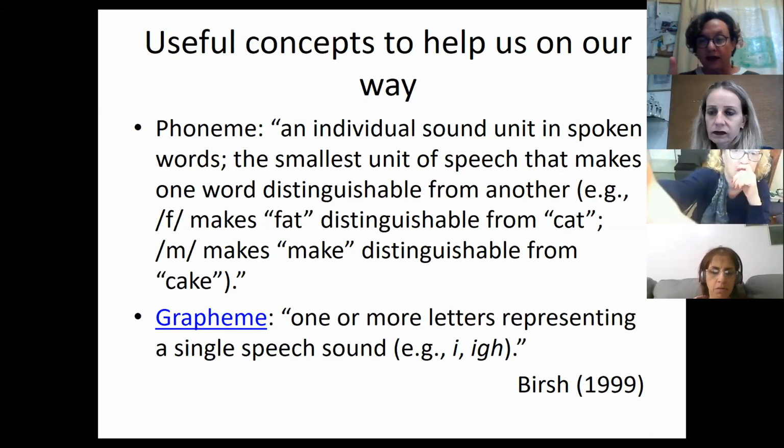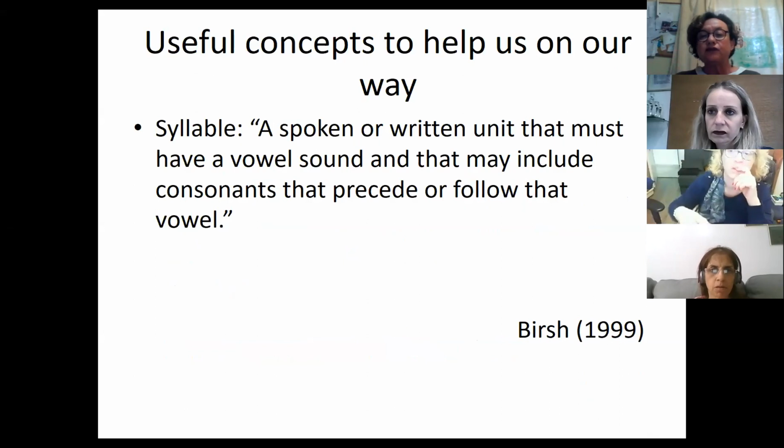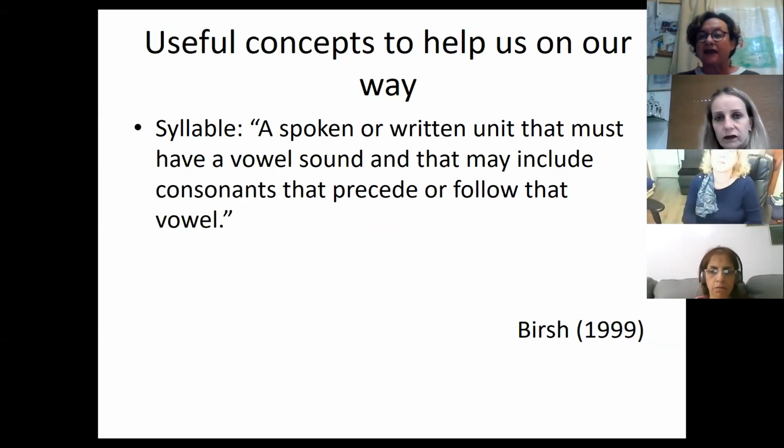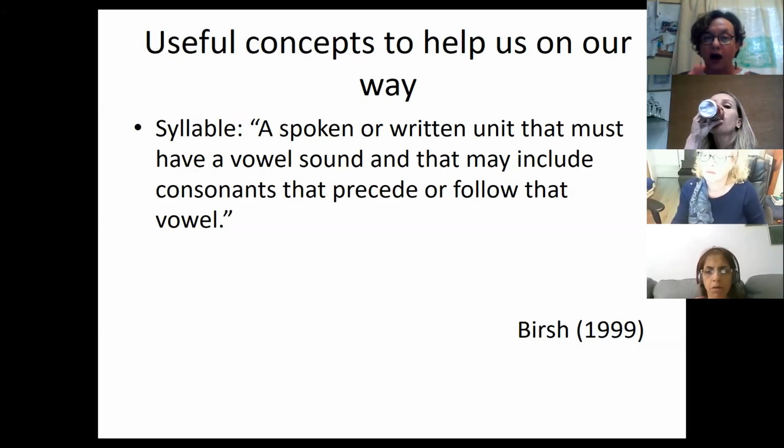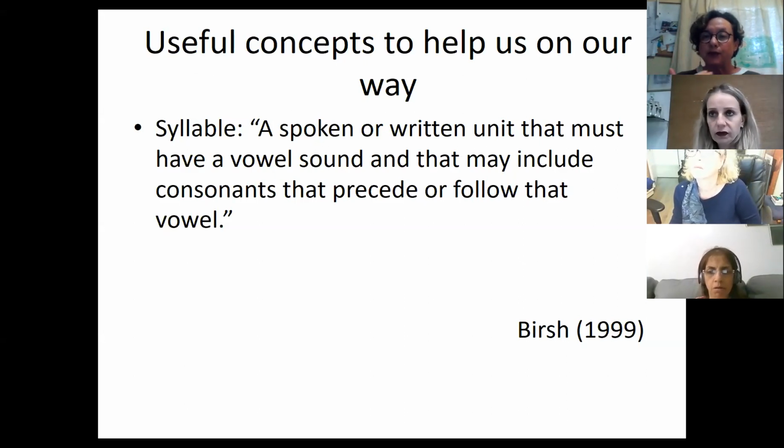represent one phoneme, okay? And then if we're talking about syllables, we're talking about a unit, either a spoken unit or a written unit, that must have a vowel sound, okay? And it could have consonants before or after that vowel sound. So for example, if I'm using the word unit, I can break up unit into U-nit, okay?